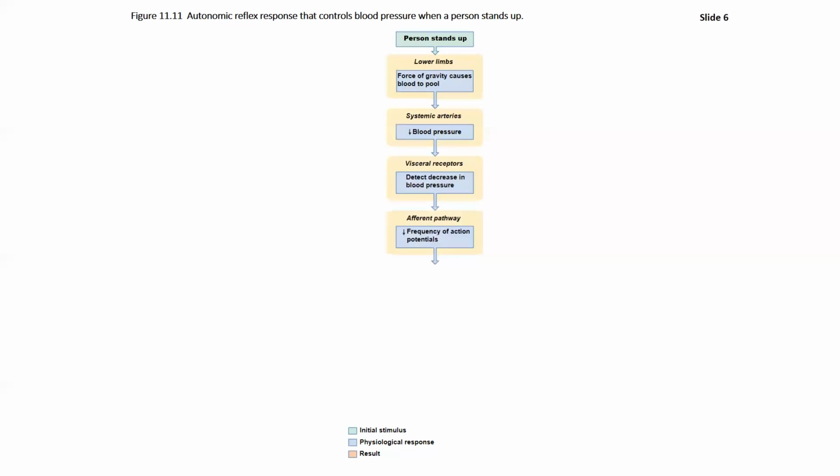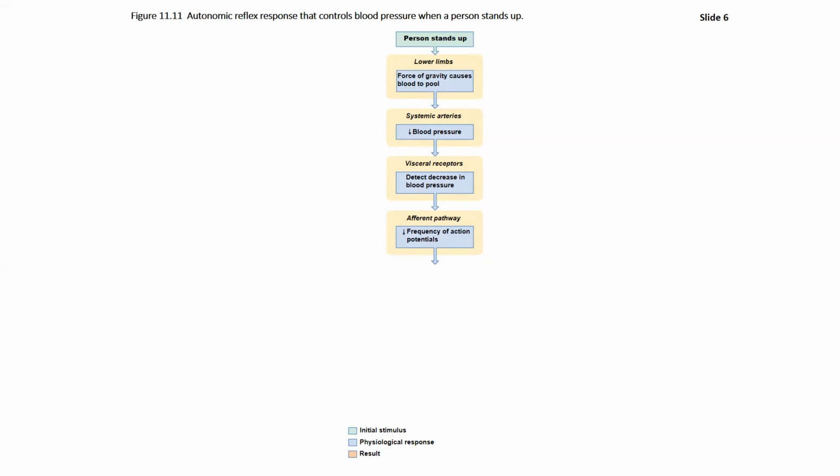That is going to set off a signal, right? That's setting off an afferent pathway signal, which is basically going to tell the central nervous system, the brain, there's a decrease in blood flow, and the language that the body uses to communicate that is by decreasing the frequency of action potentials. We spoke about frequency coding, right?